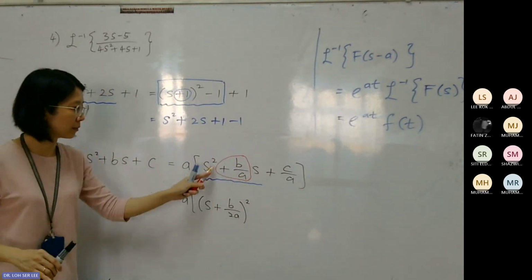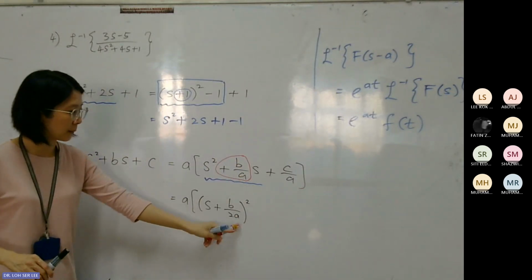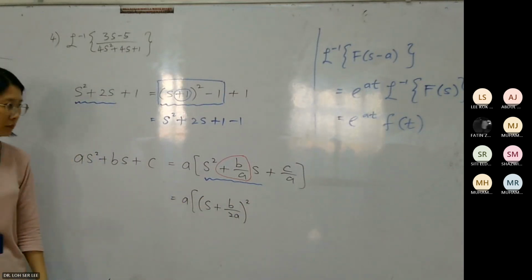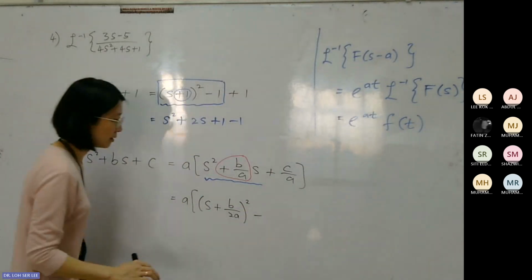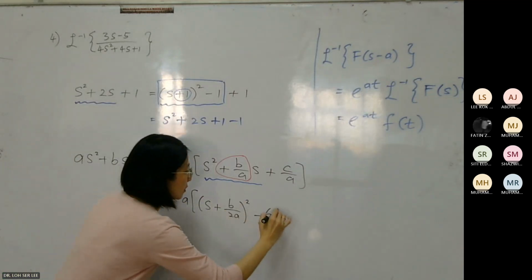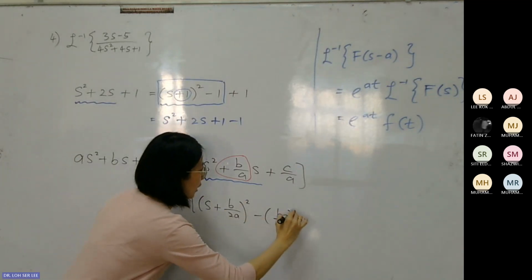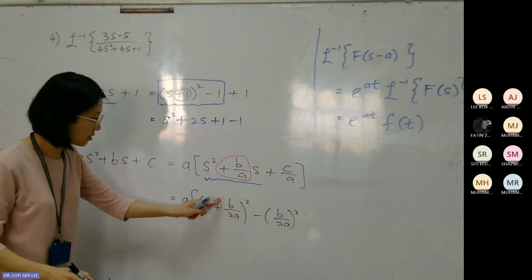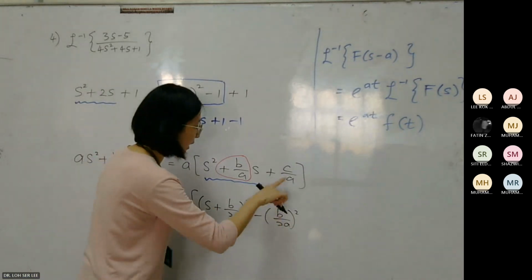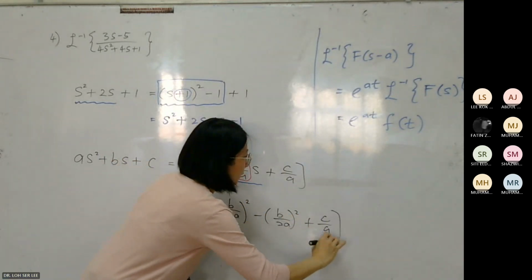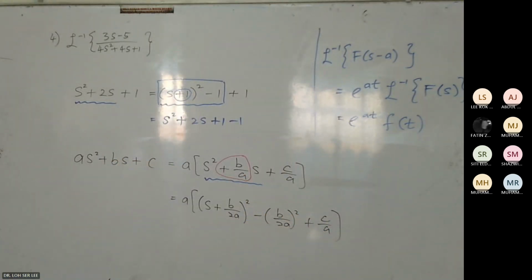This value divided by 2 is b over 2a, and then close the bracket square. Then minus the square of this value, b over 2a squared. Then only plus the c over a back. This is the formula, if you want a formula.